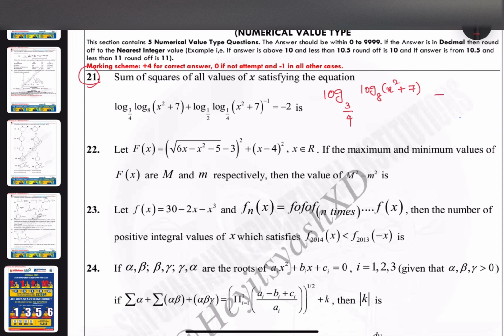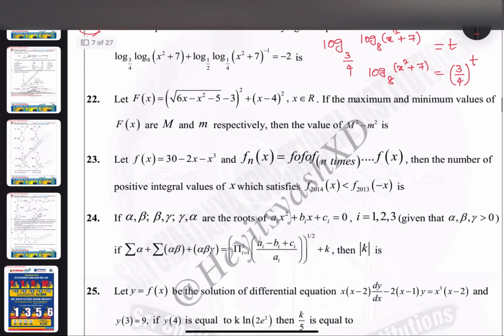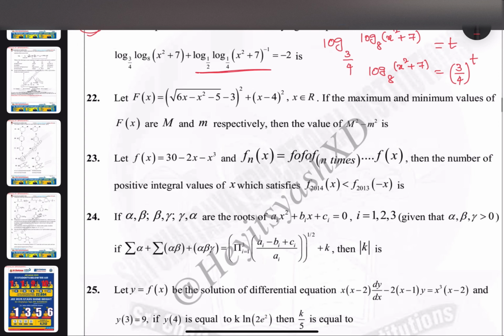Let us say this is t. Then we can write log 8 of x square plus 7 is equal to 3 by 4 whole power t. Now similarly let us consider this.